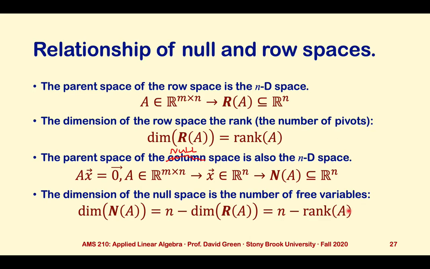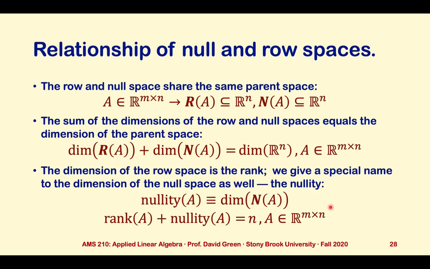All right, and so we see that we have two different subspaces of n-dimensional space, the row space and the null space, and their dimensions are given by the rank and n minus the rank. This second point is really important.